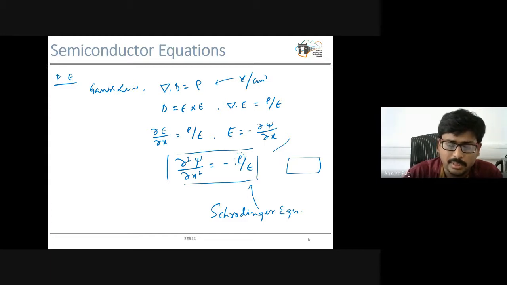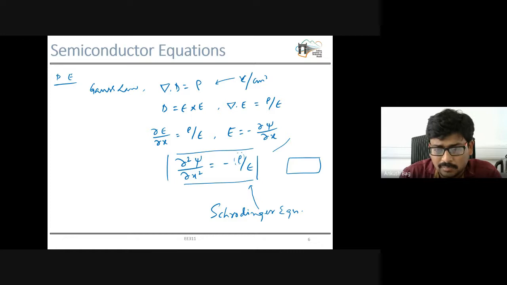Now try to get the overall picture. Our objective in this course is to understand the terminal characteristics, the current voltage characteristics. That means the electric field or the voltage, and how it is related to the charges here. We get that from Poisson's equation.